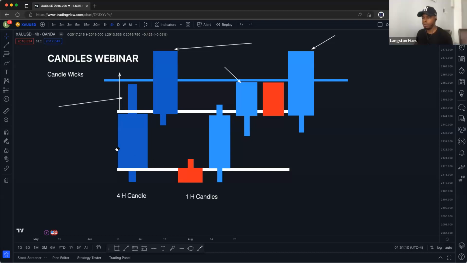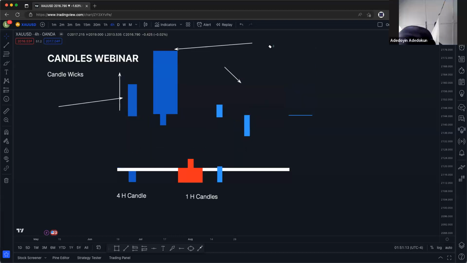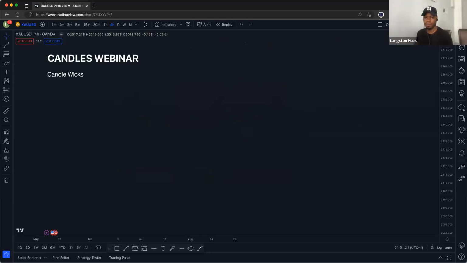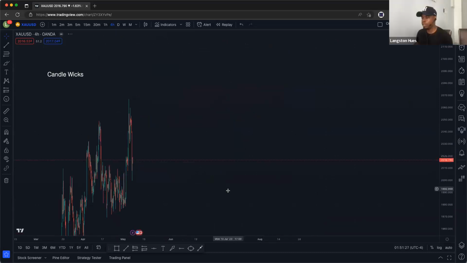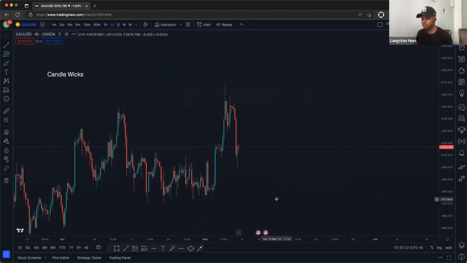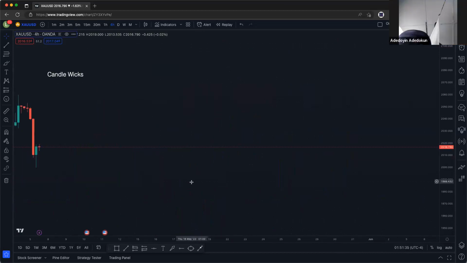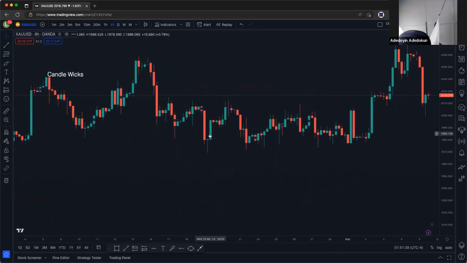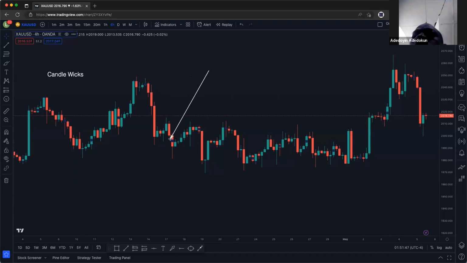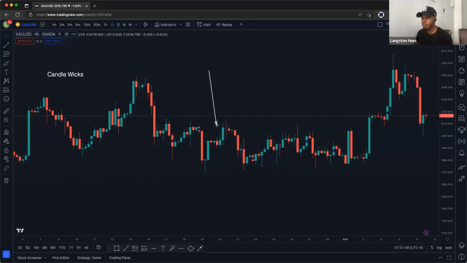All right, so just to reiterate, looking at the chart again, since we're covering those wicks. You see, as we discussed earlier, the majority of these candles have a top and bottom wick, right?